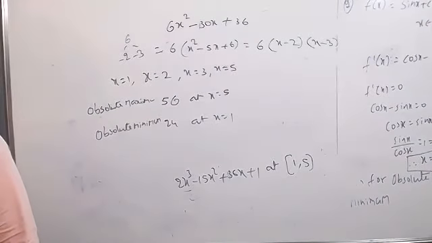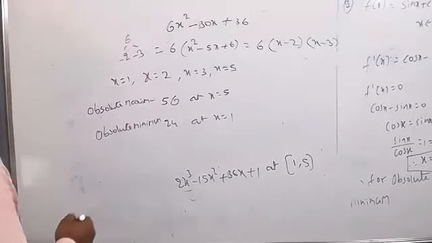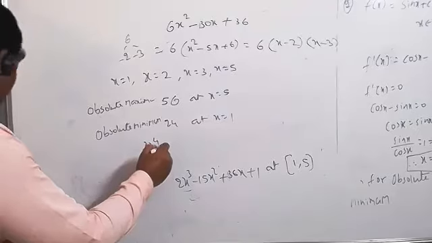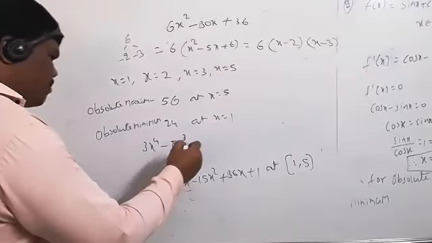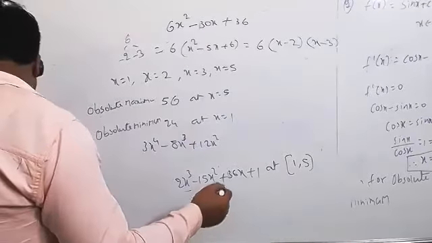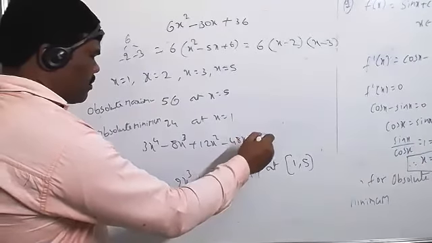Next, who is done already? I'll give one more question, you can write now. f of x equal to 3x power 4 minus 8x cube plus 12x square minus 48x plus 25.